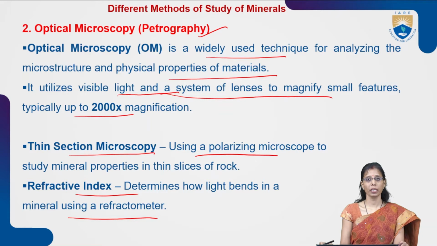This is one more method to identify the type of mineral with the help of visible light, at up to 2000x magnification, using a polarizing microscope.